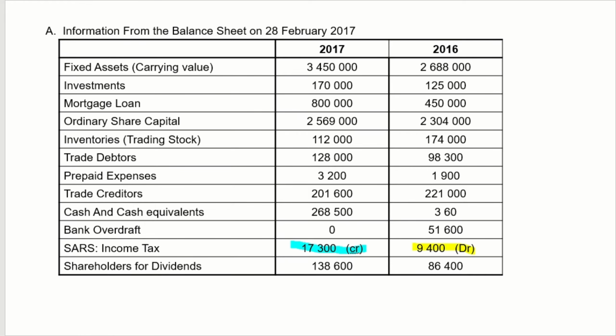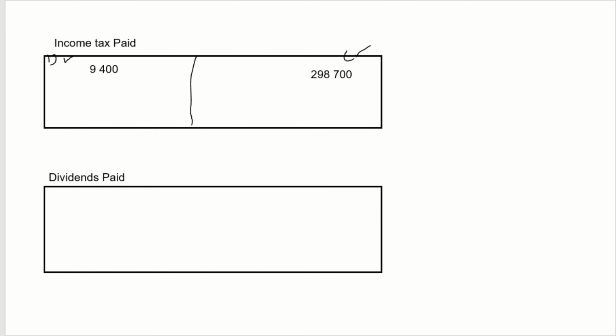Reason being, this is the balance brought down. We want to utilize it as the balance carried down. I hope that makes sense. In simpler words, if you find it on the credit, you're going to use it on the debit. If you find it on the debit, you're going to use it on the credit. Simple like that, nothing complicated. Then you're going to come on your T account to say on the debit side, you're going to have 17,300 rands, like that.